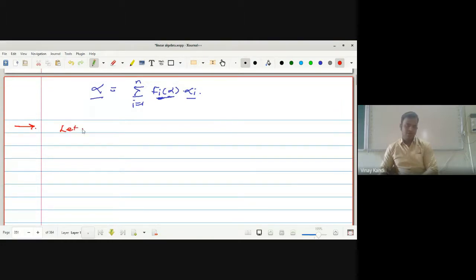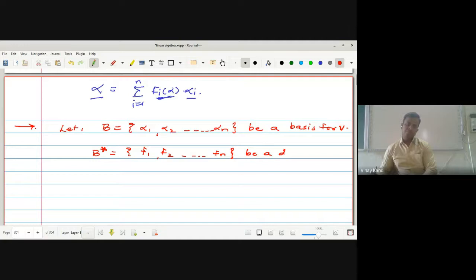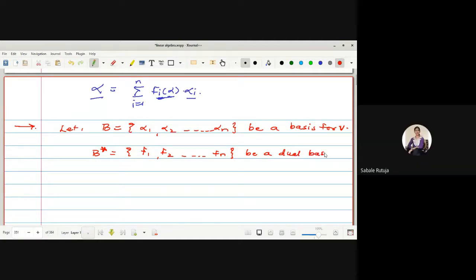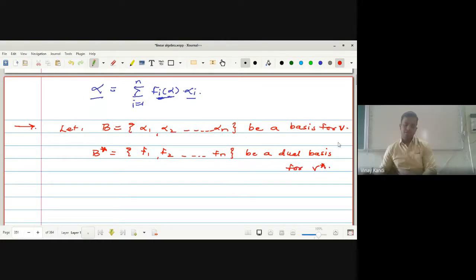Let us write down all the given things. Let B is equal to alpha 1, alpha 2, up to so on alpha n, be a basis for capital V. Let B star is equal to F1, F2, up to so on Fn, be a dual basis for V star.